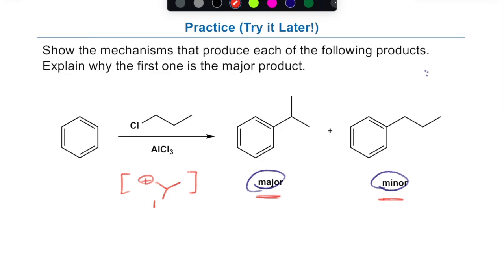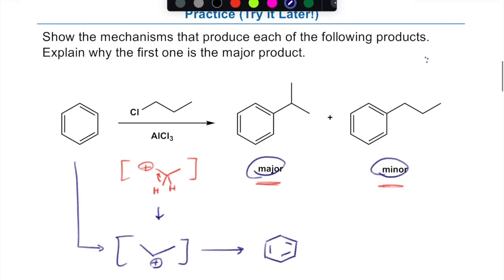And depending on concentrations and other reaction conditions, you may get some minor product or no minor product, just because the shift is so much faster than the reaction.